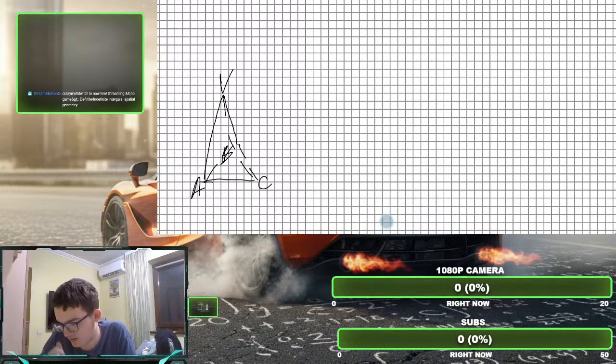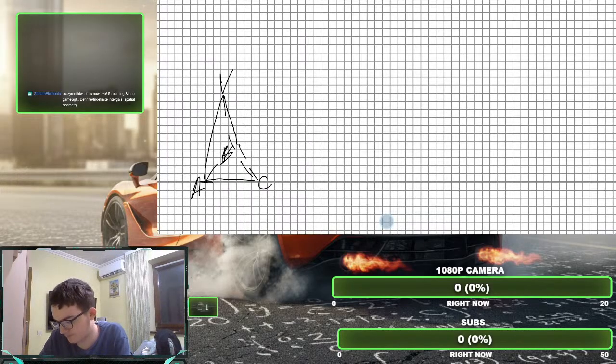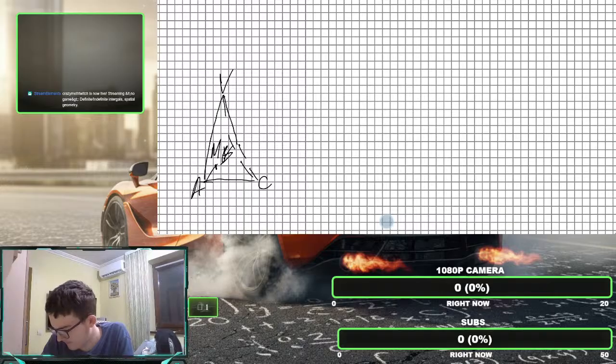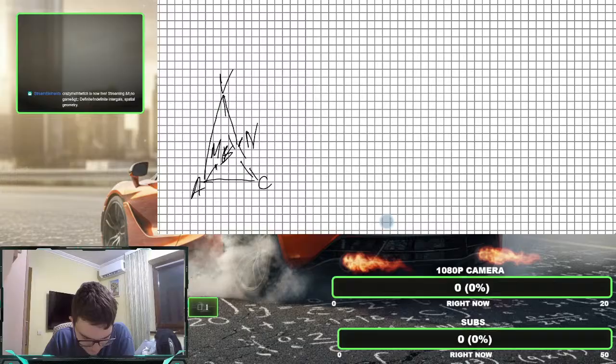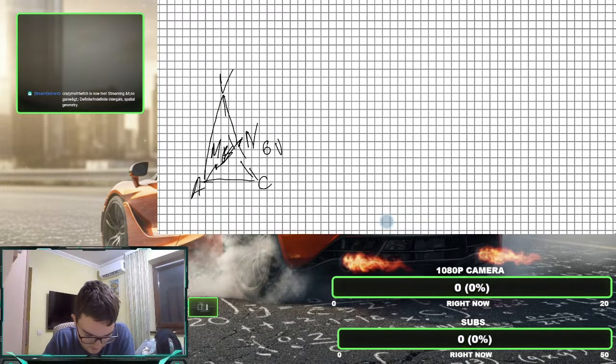And anyways, I got this ABCV, and I got that M and N are the things in the middle of AB, so M here, and VC has N. Essentially, MN is 6 square root of 2.